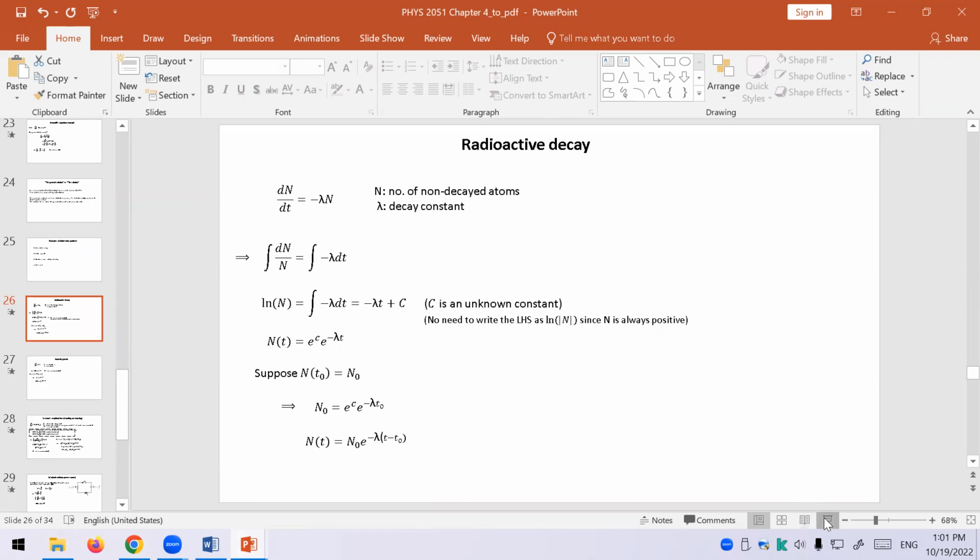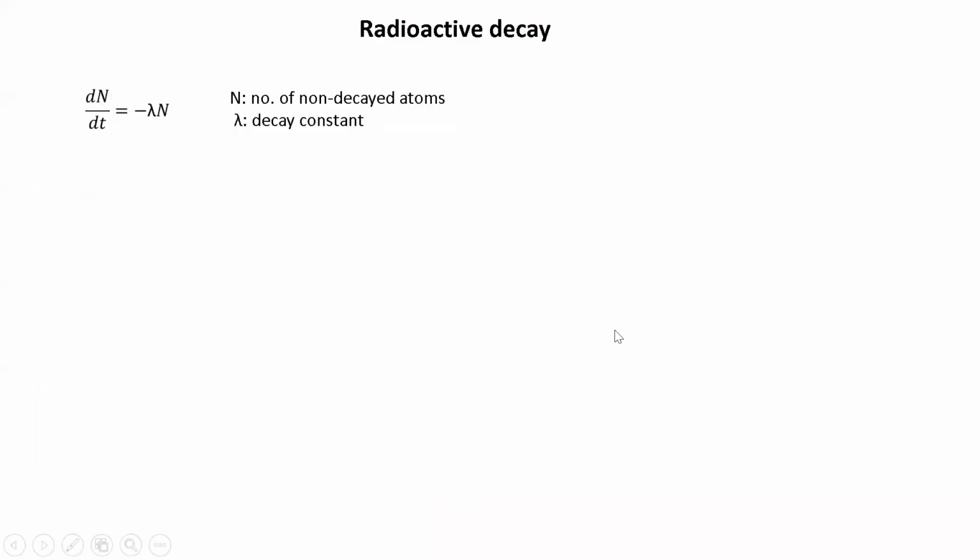I do believe that you have learned about radioactive decay. I'm not going to talk about the physics, but if you have a large number N of undecayed atoms, you know that N will decrease as a function of time.